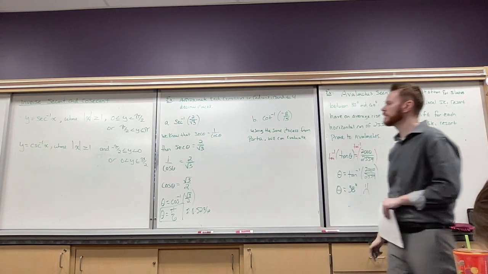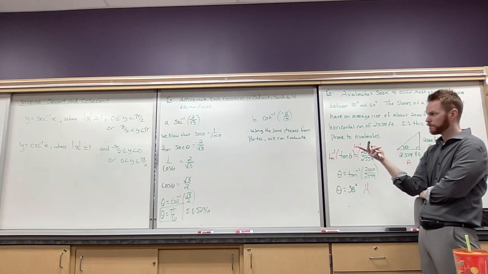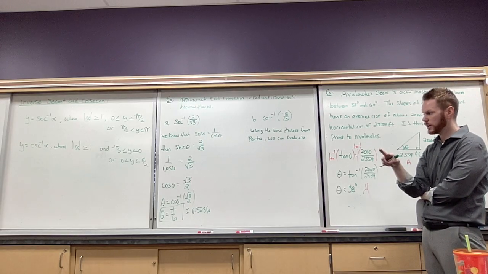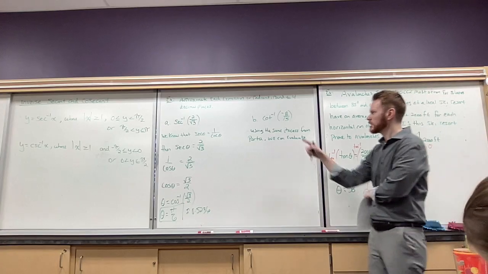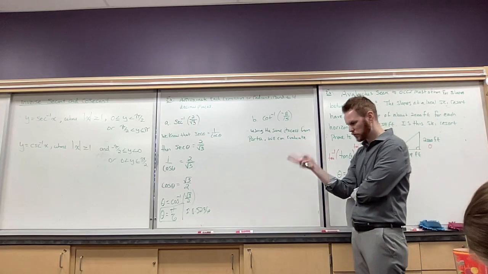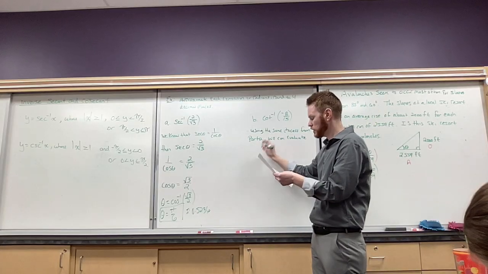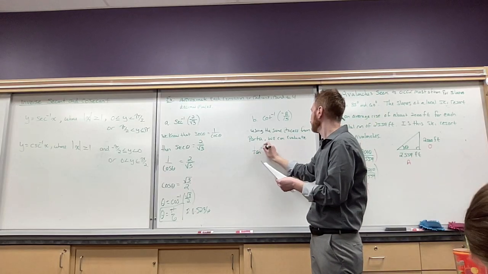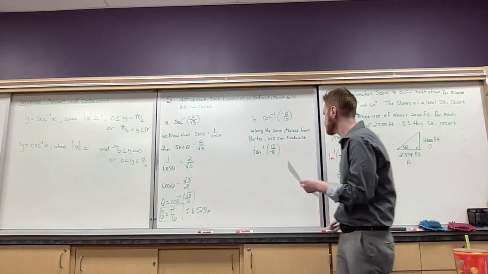Again, looking at what I did with part A, I took secant, I flipped it 1 over cosine, and then I solved for cosine, which flipped the whole ratio. So cotangent, its reciprocal is tangent, which means it would flip this guy. So what this would be is tangent of 15 over negative 8.